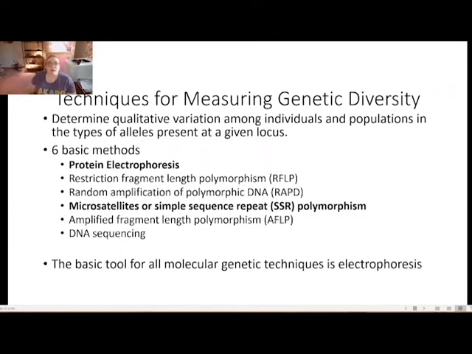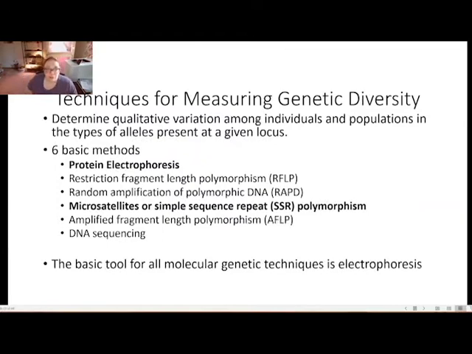So you want to measure the genetic diversity among individuals and populations. There are 6 basic methods for measuring genetic diversity, but because most of these methods are not used in conservation genetics, we're only going to go over 2 of them today. The rest are used for genetic diversity, but not in conservation genetics.